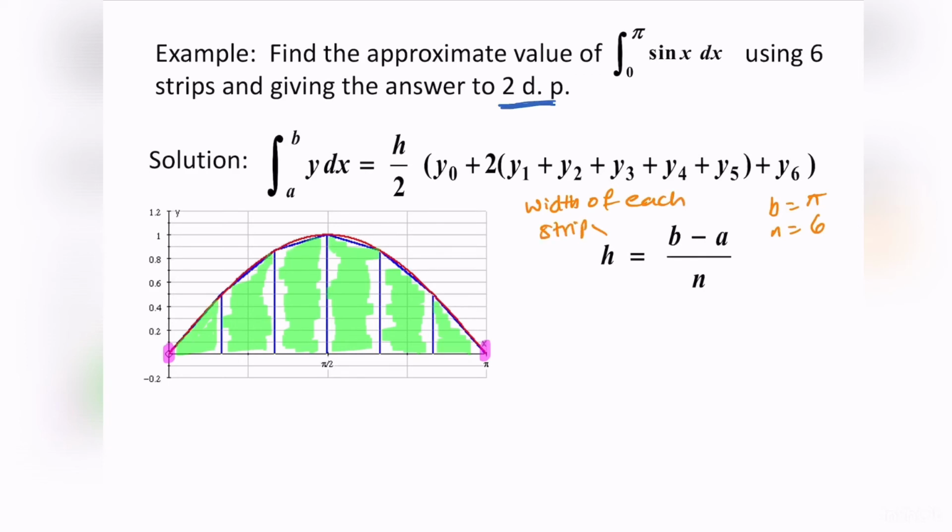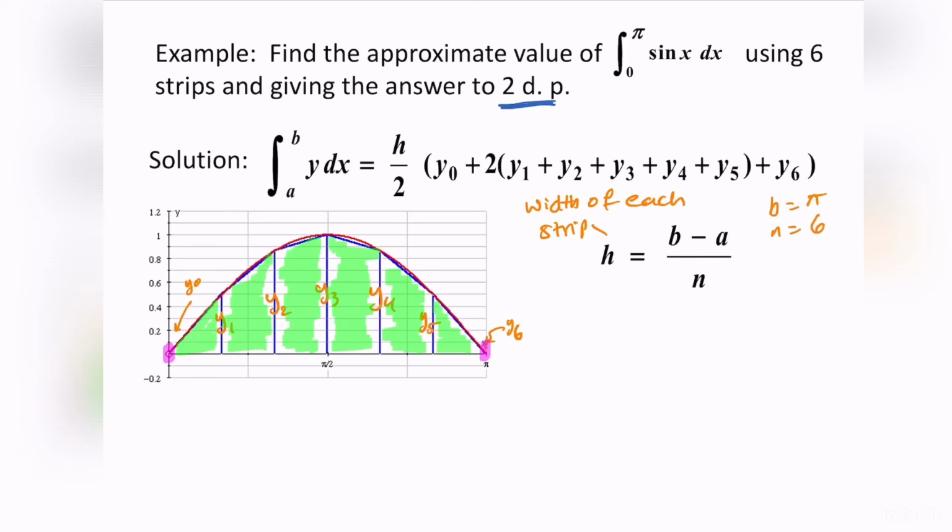Okay, what else we need to say? Yeah, and so this one here is y0, this is y1, this is y2, y3, y4, y5, and this one here is y6, right?